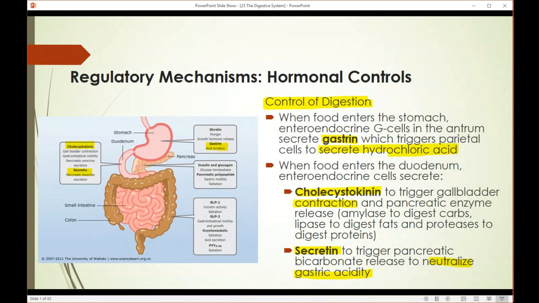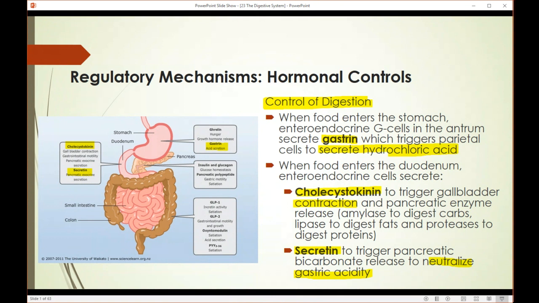Gastrin comes from our G cells within the stomach, and those are going to secrete hydrochloric acid to help us do some chemical digestion. When the food enters the duodenum, we have these enteroendocrine cells, and they're going to secrete cholecystokinin, that's CCK. CCK is going to trigger our gallbladder contraction and our pancreatic enzyme release, so we can release our amylase to digest our carbs, the lipase to digest our fats, and our proteases to digest our proteins.